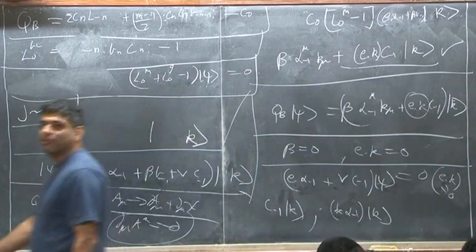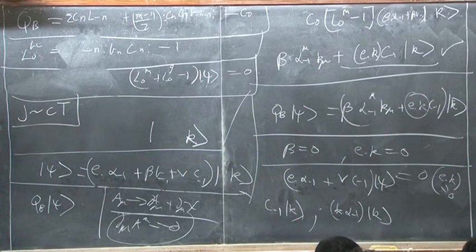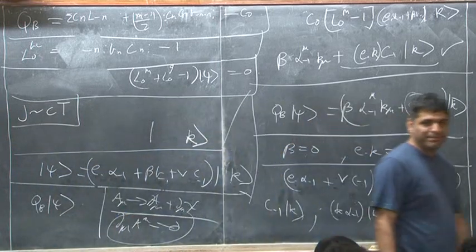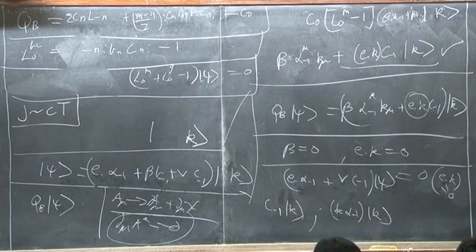So now, just to end this, let's do some counting. What is the dimensionality of the cohomology at level 1? What is the dimensionality of the Q closed Hilbert space at level 1 modulo states that are BRST exact?